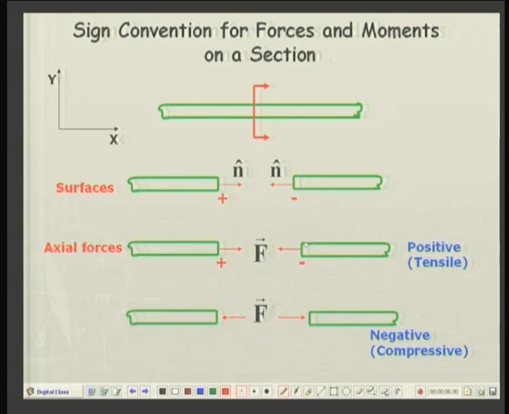If the force on the negative surface is also in the negative x direction, then also such a force is a positive force. But if on a positive surface the force is in the negative x direction, or on a negative surface the force is in positive x direction, then the force is negative. So, this force is negative, this force is positive. So, remember, two positives or two negatives make a positive force, one positive, one negative will make a negative force.